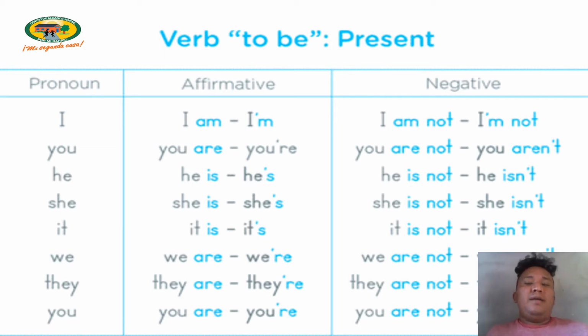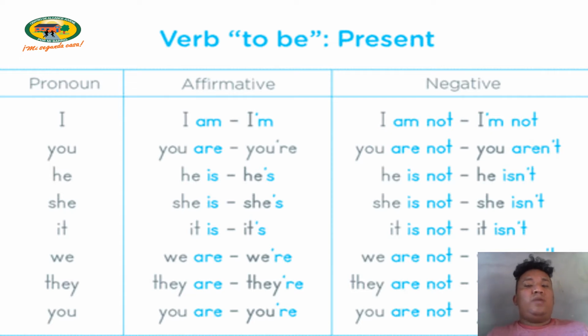En la primera presentación, en la primera página, ustedes pueden observar la estructura del verbo to be y en la primera columna tenemos los pronombres o subjects en English, los cuales son I, you, he, she, it, we, they, and you.